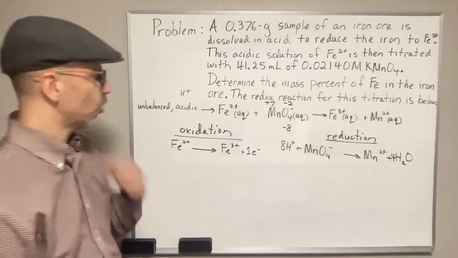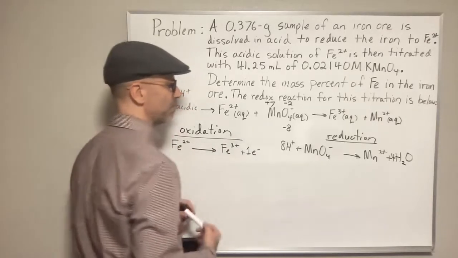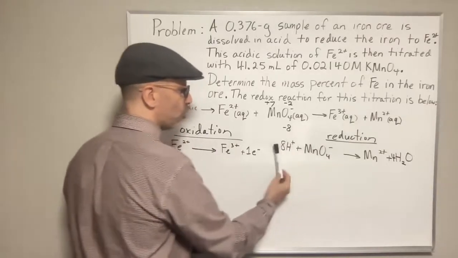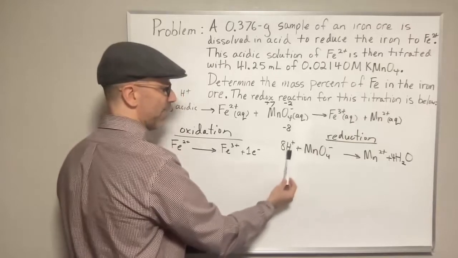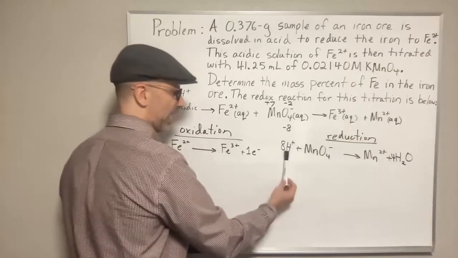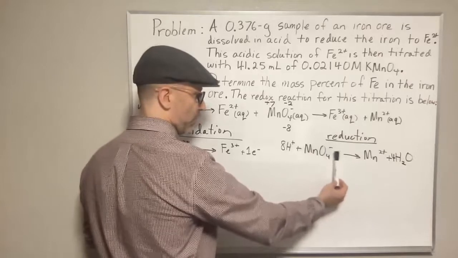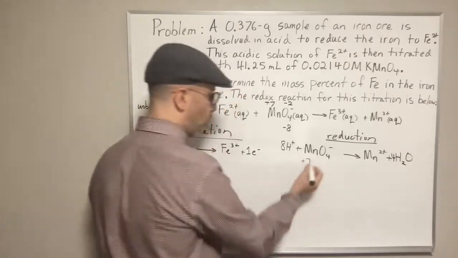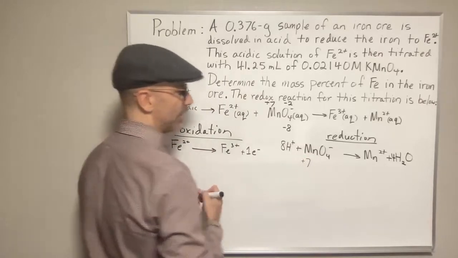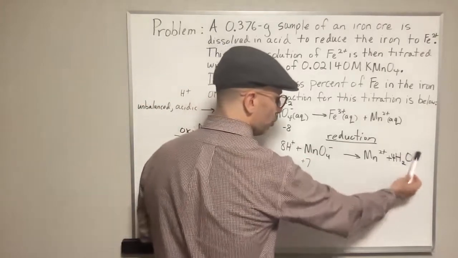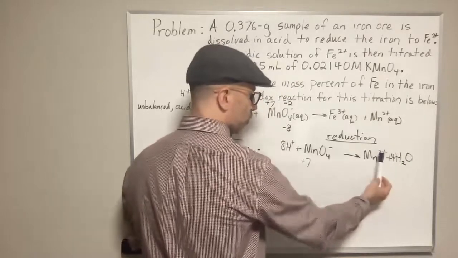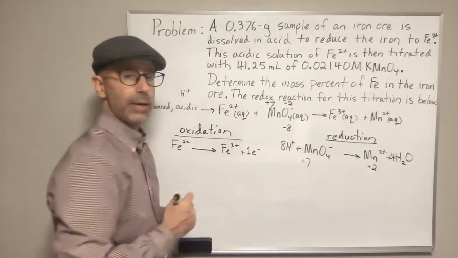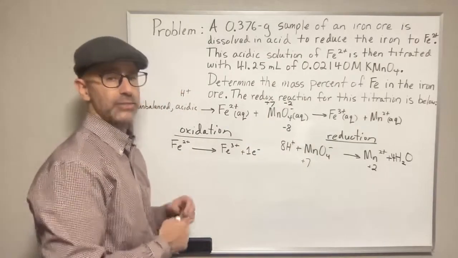Okay, so now we can do this side here. We have to count the total positive charge in here. Since I have 8 positive hydrogens, that's going to be 8 plus a -1 from my polyatomic ion, so a +7 total on this side. On this side, water is neutral, so there's no charge there, and I have a +2 on this side. I'm going to add electrons to the more positive side.